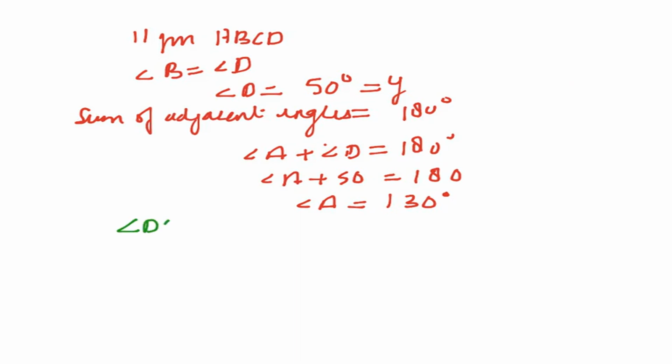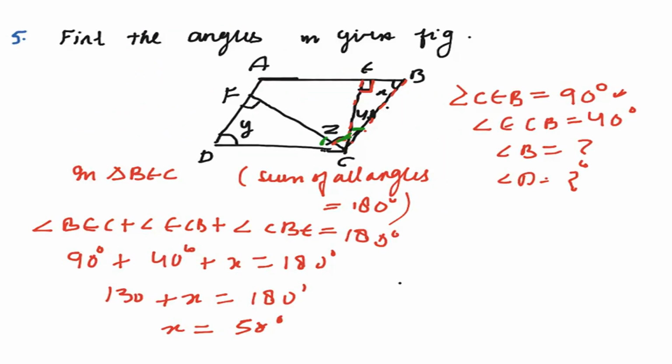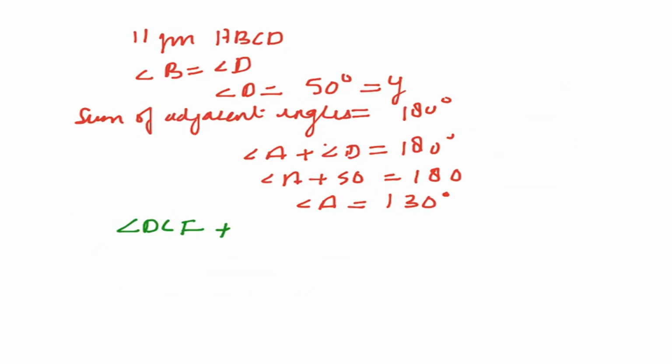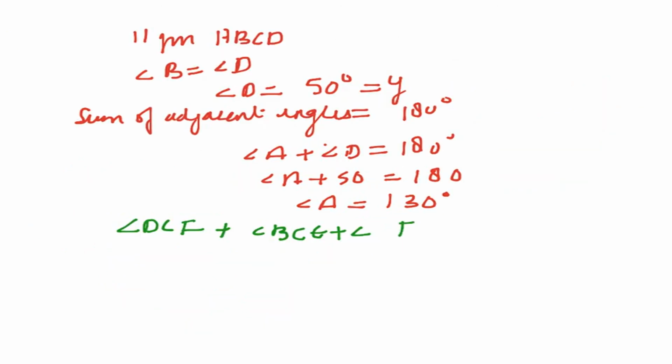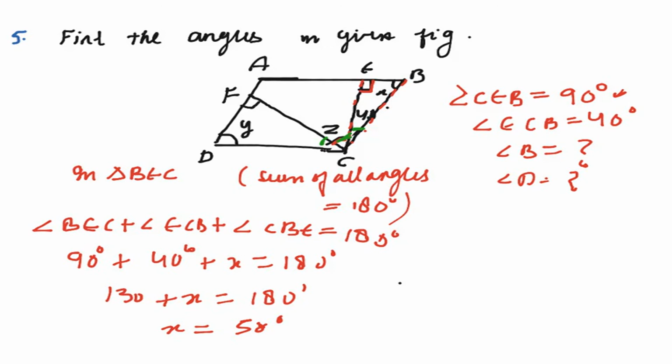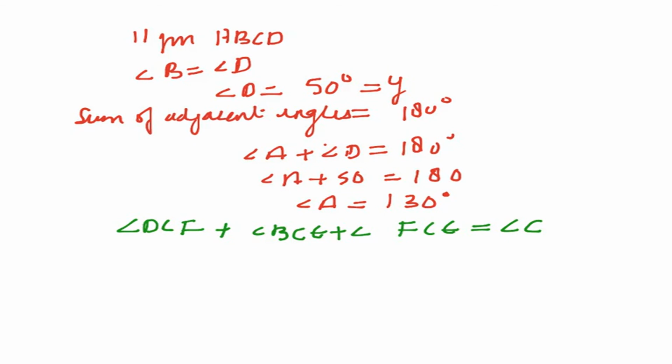Angle DCF plus angle BCE plus last is angle ECA, or we talk about in the terms of FCE, we can write FCE, that will make angle C in whole. Now from this we know some of the values. We know angle BCE. Angle BCE is how much? 40 degree, as they have given in the question. So we can put the value of BCE.